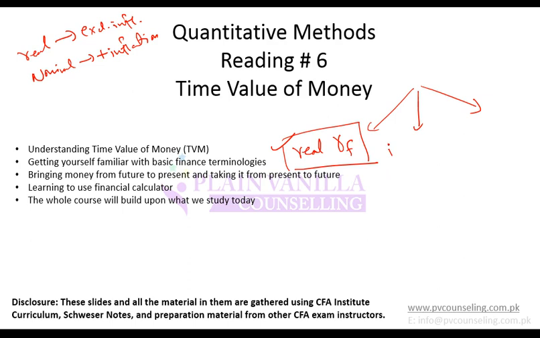So a premium for inflation is added in the interest rate, and when you combine these two, it becomes the nominal risk-free rate. That means you should at least get a nominal risk-free rate. That is another component in your required rate of return or interest.